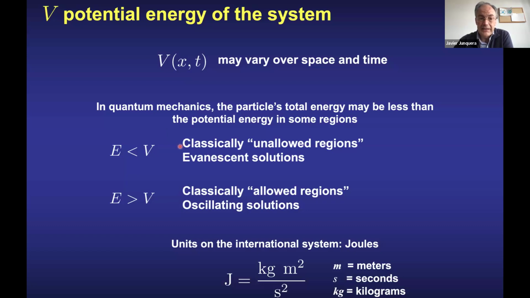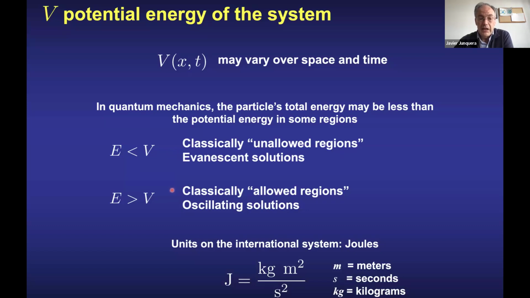Okay, so classically, those regions where the total energy of the system is smaller than the potential energy will be prohibited for a particle. Here in quantum mechanics, there are still solutions that will represent evanescent solutions. So they will decay exponentially in these regions, but there is a non-zero probability of finding the particle there.